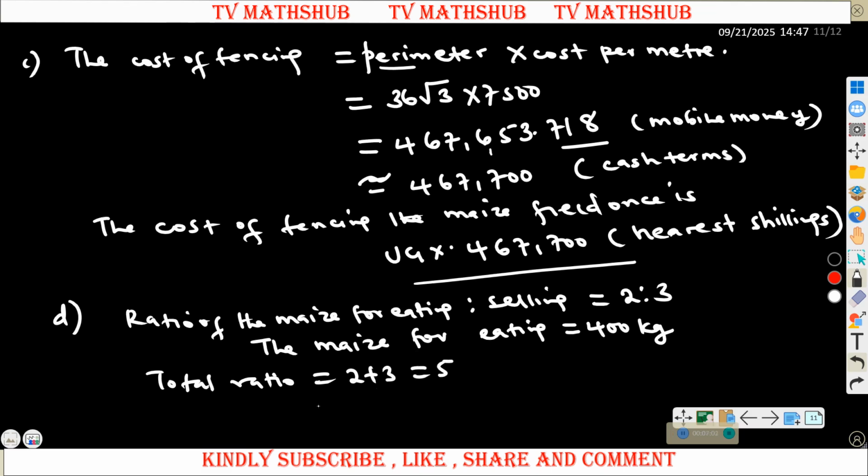So what will be the proportion for eating? It will be obtained by getting the fraction that corresponds to the maize for eating, times the total maize that will be harvested, which we don't know.